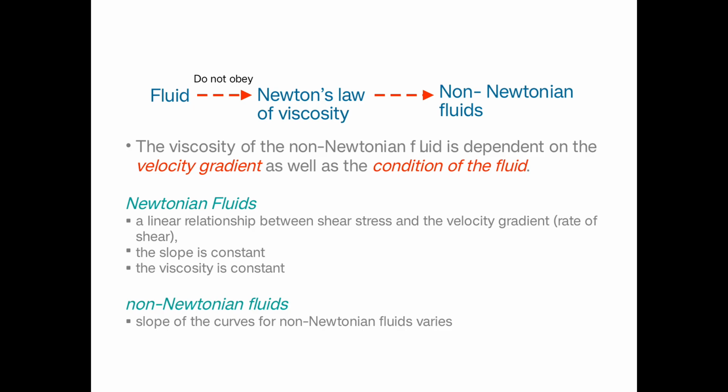Here, the viscosity is completely dependent on the velocity gradient, because it varies, as well as on the condition of the fluid. As I already mentioned, Newtonian fluids definitely follow a linear relationship beginning from the origin. So the slope is constant, which means the viscosity is constant for Newtonian fluids.